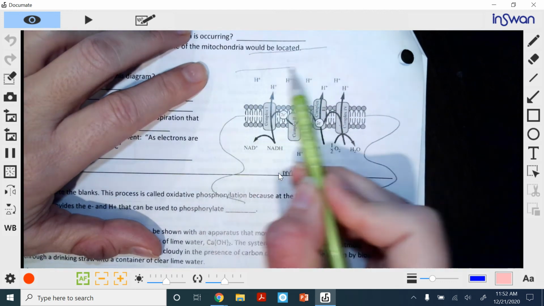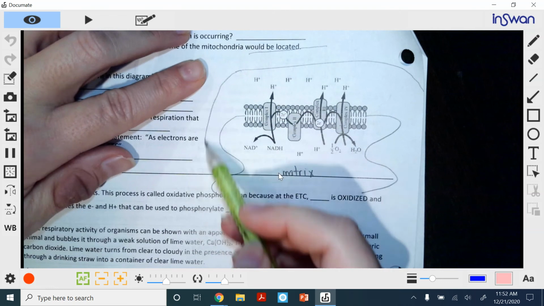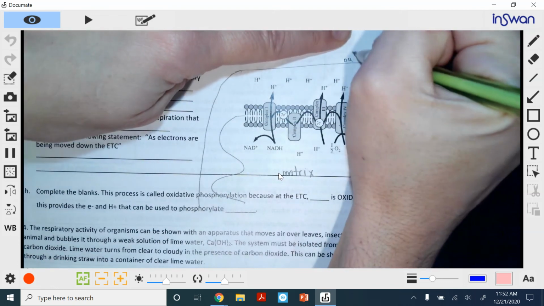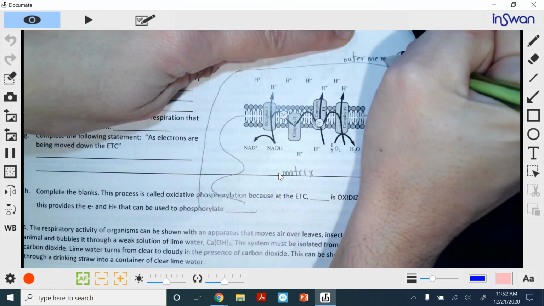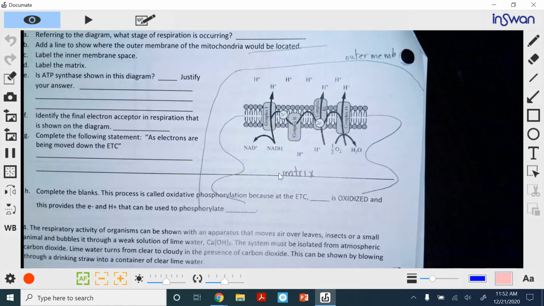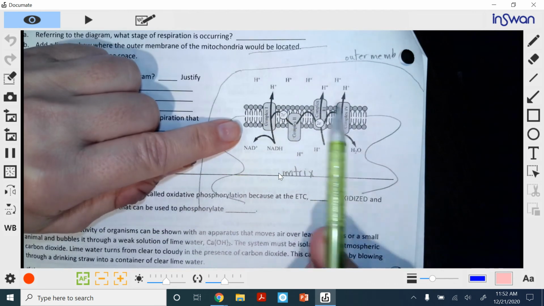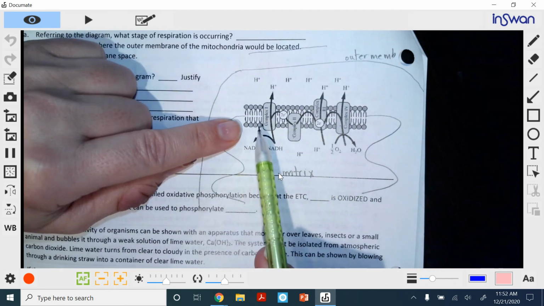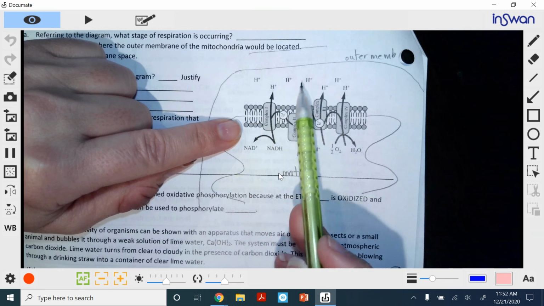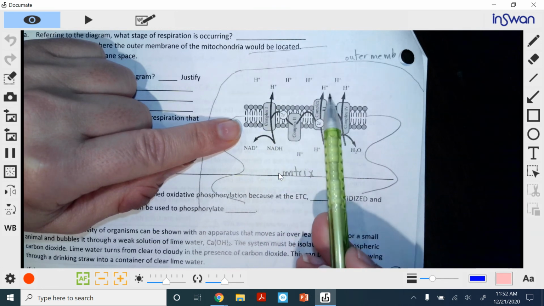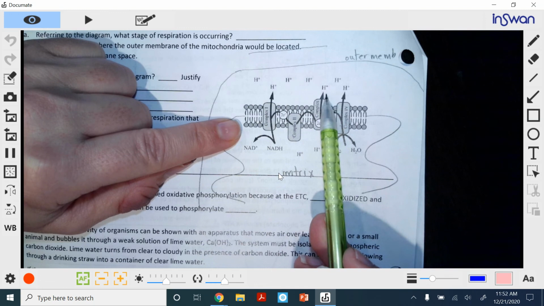Okay. The outer membrane is here. This is the outer membrane. And again, this is why these questions can seem really confusing, because you guys are used to my diagram, but they only will give you a small part and you have to figure out what's going on. You see all the H pluses now are in that inner membrane space, and hopefully this makes a little more sense to you, okay?